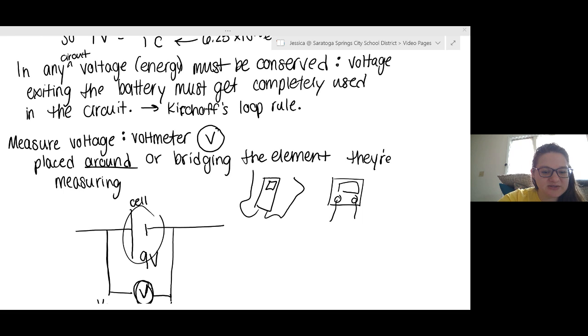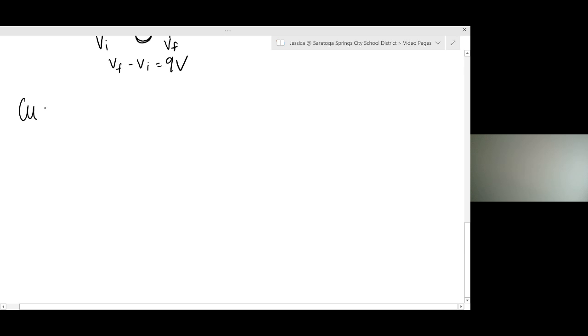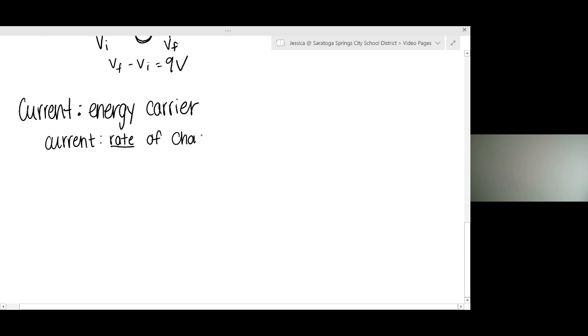All right, so heading back, now we're going to talk about current. You can think of current as what carries the energy from the battery to whatever device we're powering. So it's our energy carrier. Current is actually defined as the rate of charge flow.